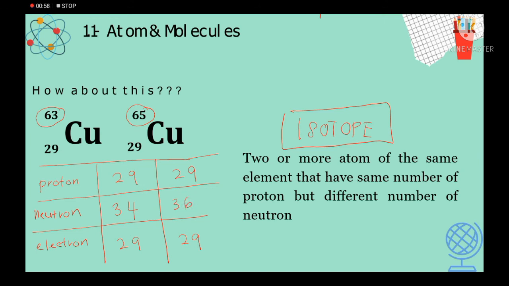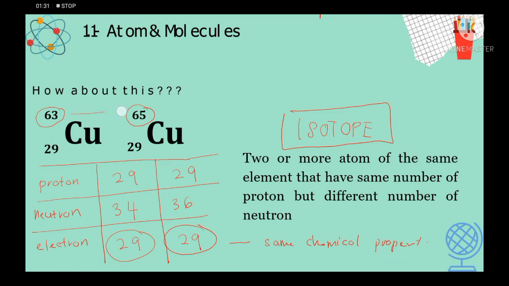So what is the difference between copper-63 and copper-65? Because they have the same number of electron, both copper should have the same chemical properties, because they will react the same way. But the mass of the two coppers is different, because the first is 63 and the second is 65.